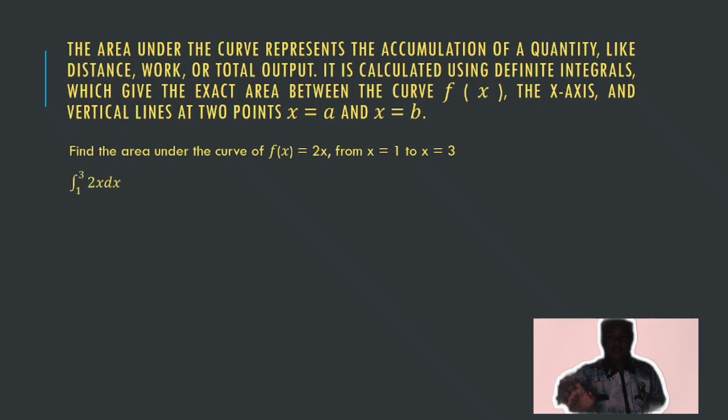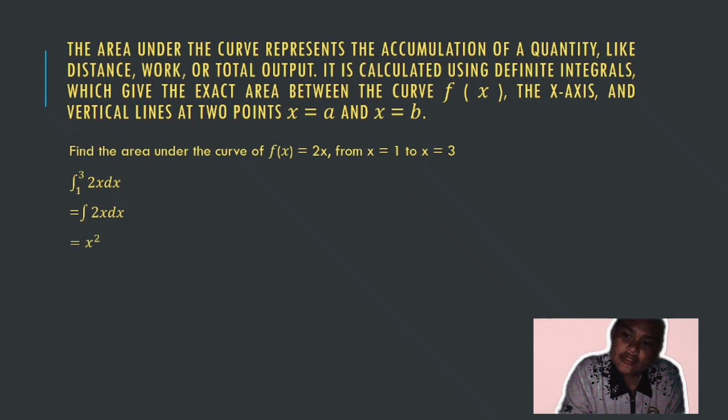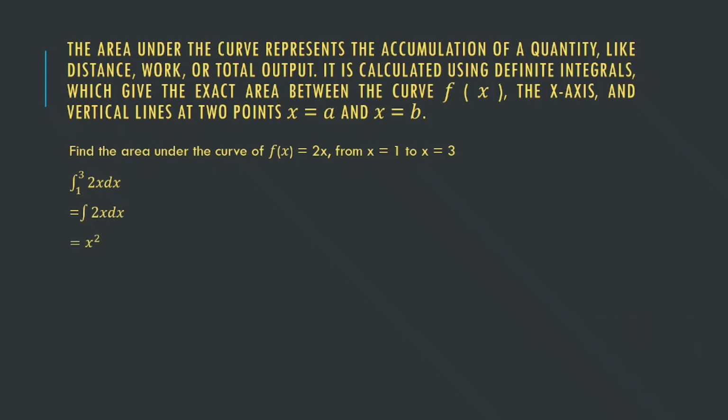So, this is the equation and we integrate it. We find it to be x squared. Now, we just subtract the upper boundary minus lower boundary.